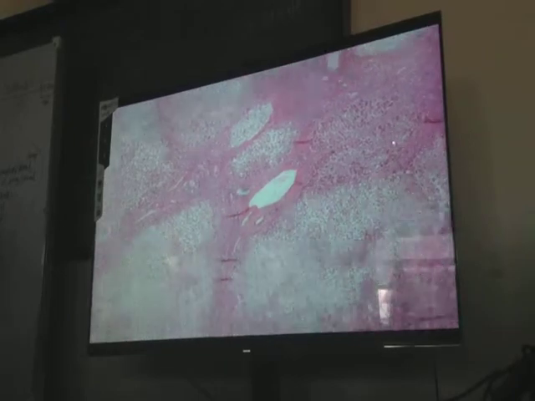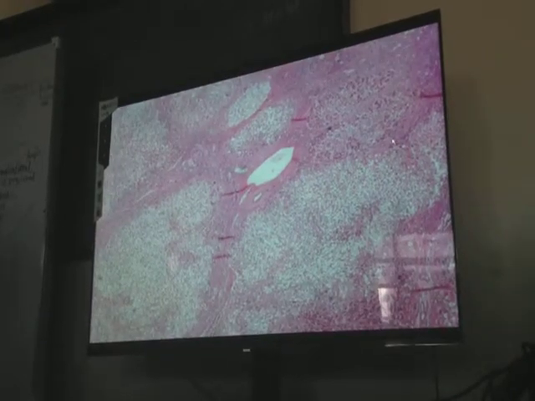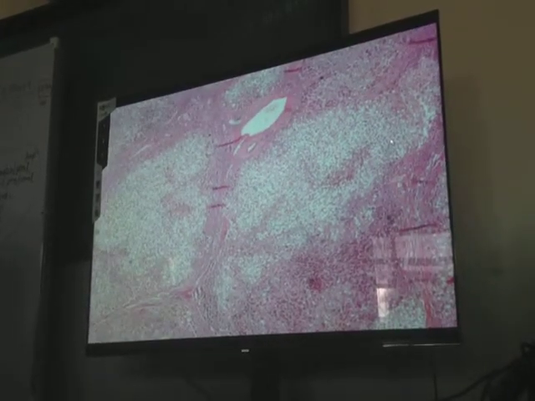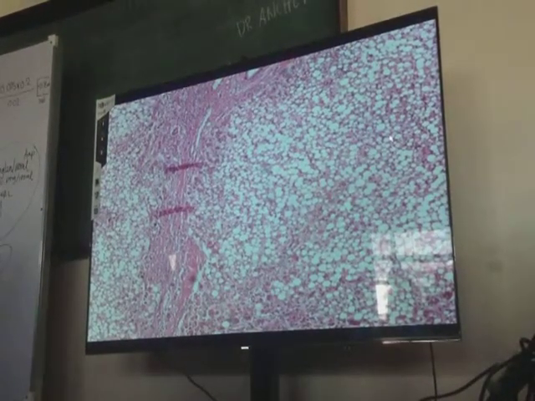What should be your diagnosis for this slide? Steatosis. So, prominent is the accumulation of clear vacuoles inside the cytoplasm of the hepatocytes.